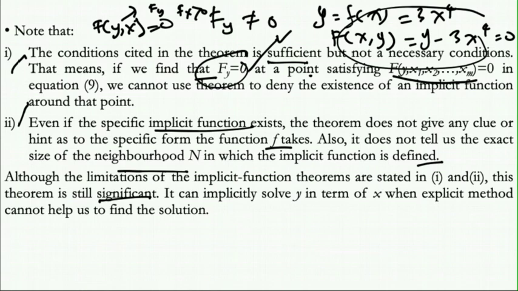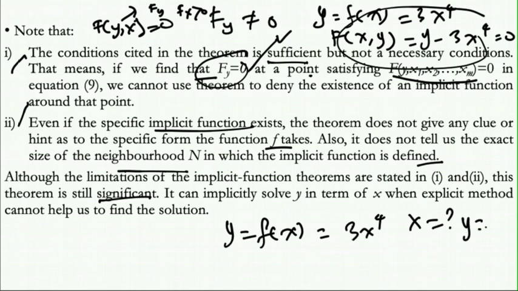Isn't it bothering us when we know that we can solve from an explicit function? You have to understand that for this case, y as a function of x, let's say 3x to the power of 4, it is very easy in terms of the value of x and the value of y.